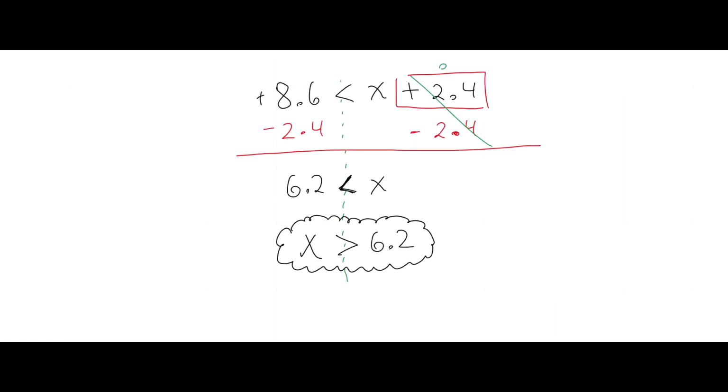Next, we have x over 5. And this is where a lot of people get confused. I notice a lot of students get stuck here. This fraction bar means division. So if you want to cancel a division, you've got to apply the opposite, which is going to be multiplication.